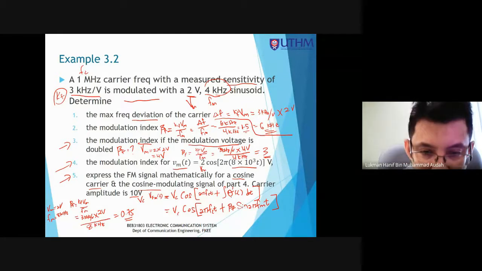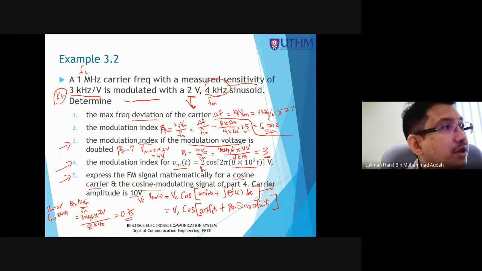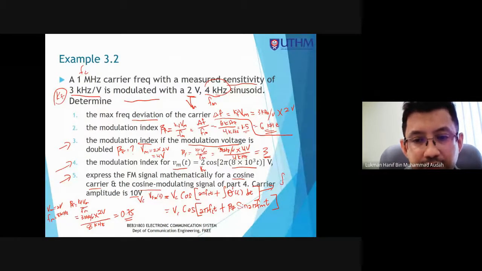Ini kalau kita terbitkan sebenarnya dia akan jadi beta F. Ini saya langkah sebenarnya. So actually from here you can do the derivations where the integral of theta t is the integral of Kf Vm cos 2 pi Fmt dt.